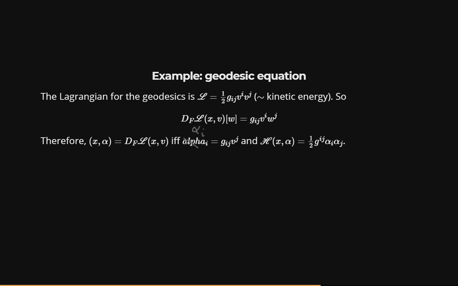So x, alpha, position and momentum, is equal to the fiber derivative of L applied to position and velocity if and only if alpha_i is equal to g_ij v^j. Because this is this cotangent vector applied to w, and you can clearly see that the coefficient of the cotangent vector should be this part here.